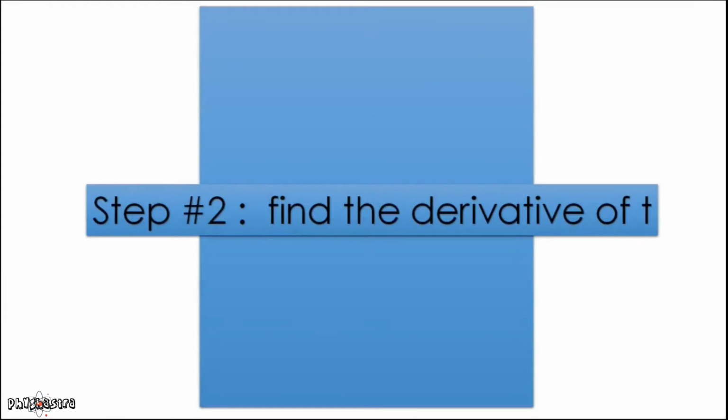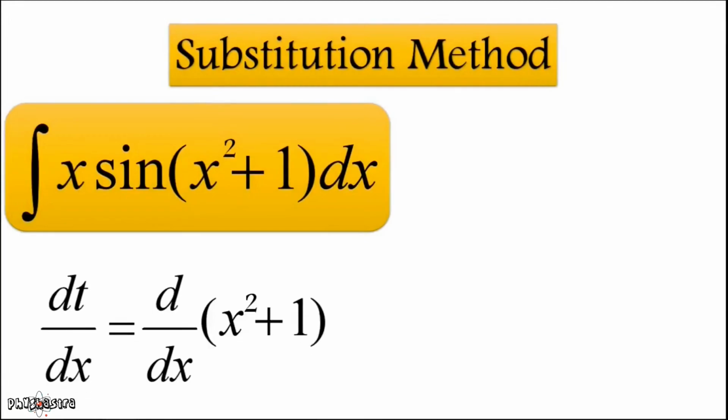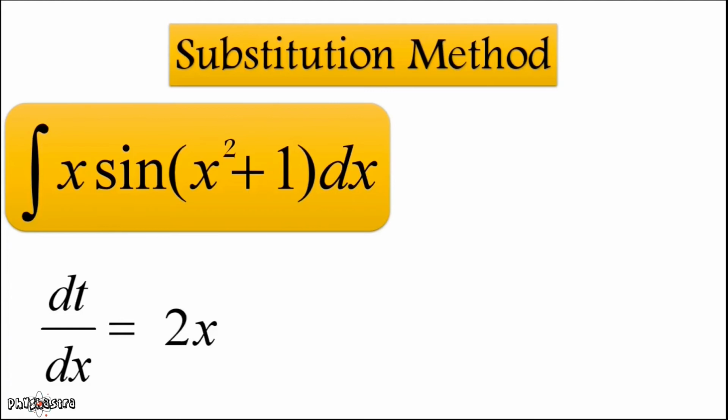Step number 2, find the derivative of t. Now we find the derivative of t with respect to x. So derivative of t equals derivative of x squared plus 1. We know that the derivative of x raised to n is n multiplied by x raised to n minus 1. So we get 2x, and the derivative of a constant is 0.